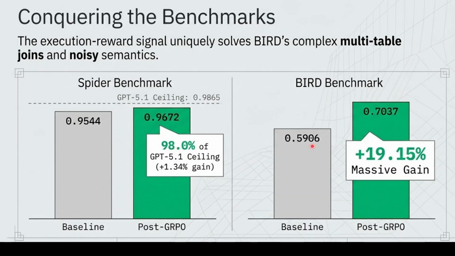Similarly, on the Bird benchmark, compared to the baseline non-fine-tuned instruction model, we have noticed a massive gain of 19%, showing that GRPO training has helped the model learn the complex joins. Like I said earlier, compared to the Spider dataset, Bird database schemas have more complex joins, and the tables are much larger than in Spider.